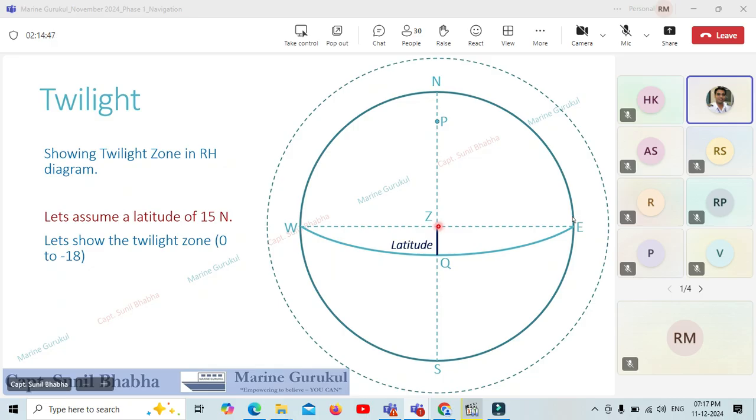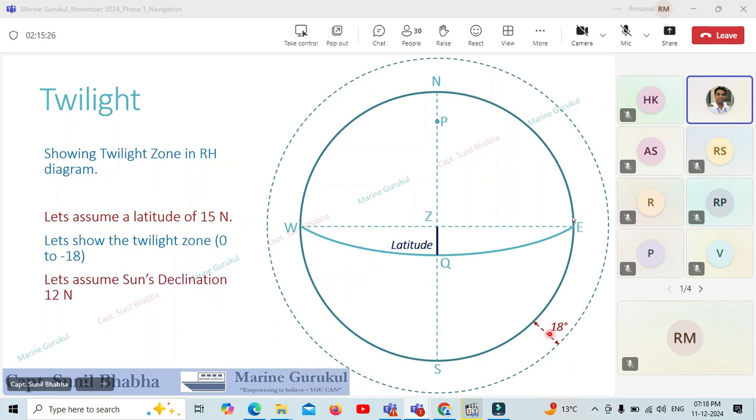So you can now easily visualize that zenith represents 90 degree altitude. As you go towards the horizon, the altitude decreases: 80, 70, 60, 50, 40, 30, 20, 10. At the rational horizon, it is 0 degrees. And when you go beyond the rational horizon, the altitude goes into the negative zone. The width of this particular band, which we have made, is 18 degrees, because the twilight zone remains till the time the sun has gone 18 degrees below the horizon.